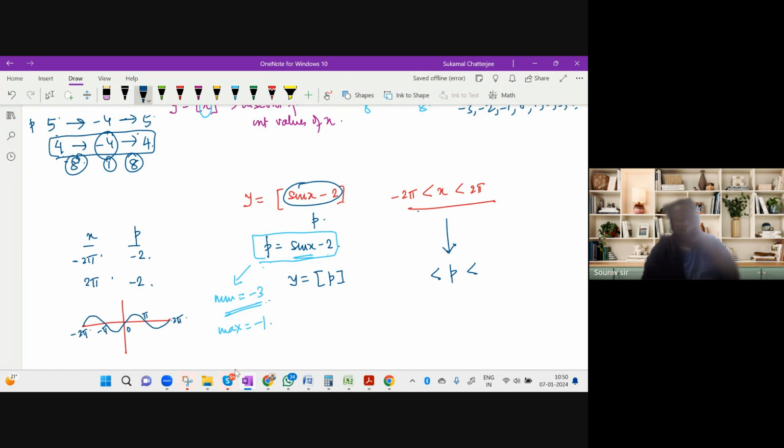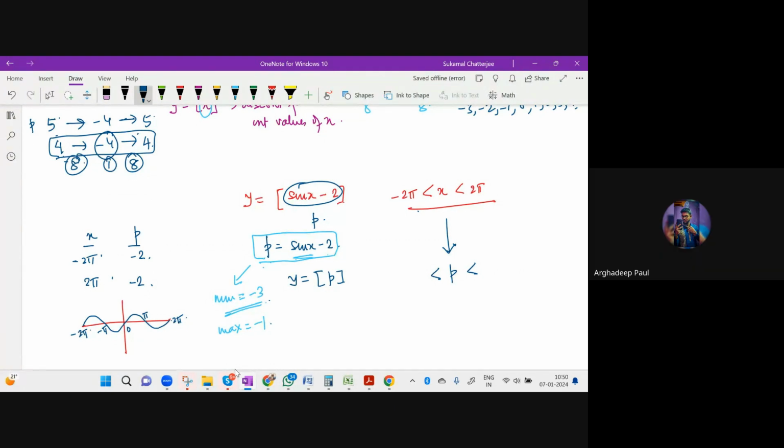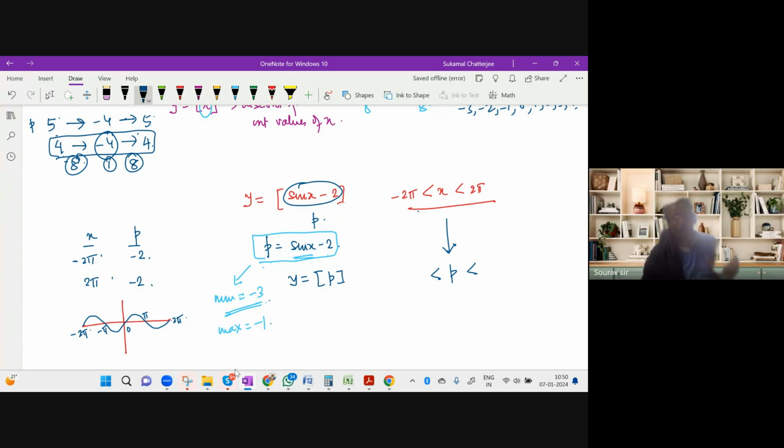Correct? Agreed? Sir, yes sir, but it doesn't reach 2 pi. Okay, it doesn't reach 2 pi, I'll come to that. In this case it's not reaching 2 pi, but the behavior of the sine function is this. You agree? Yes, sir.